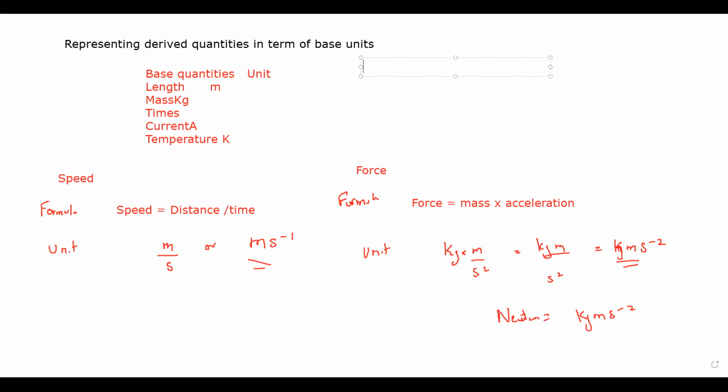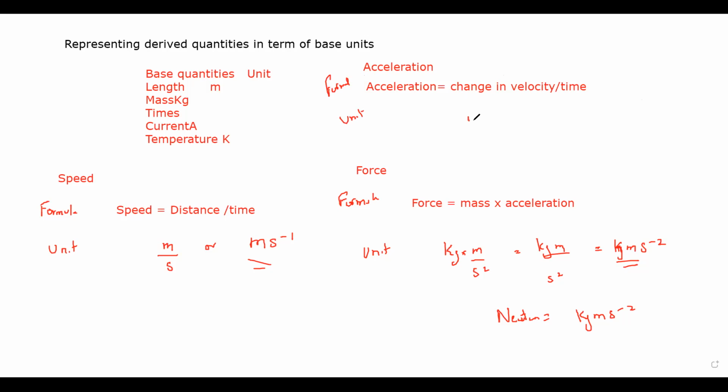In the same way, if it was acceleration, the acceleration is change in velocity divided by time. As acceleration is change in velocity divided by time, first we wrote the formula, then we write the units.